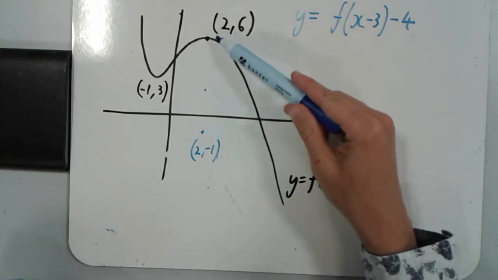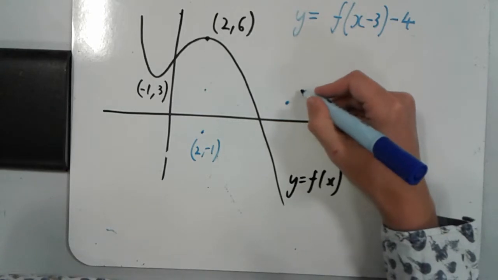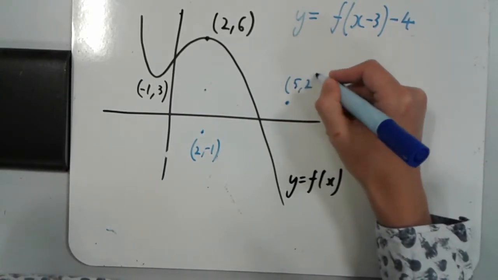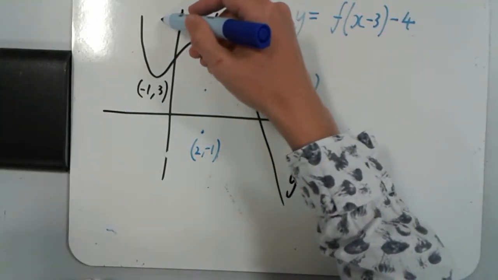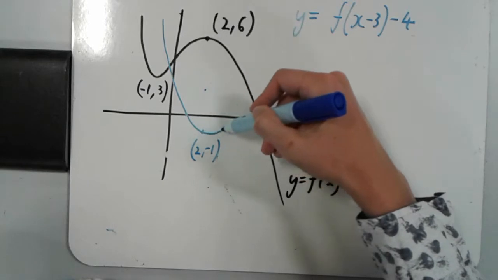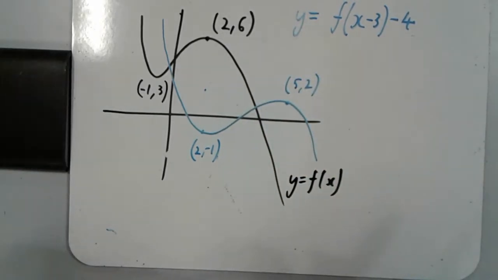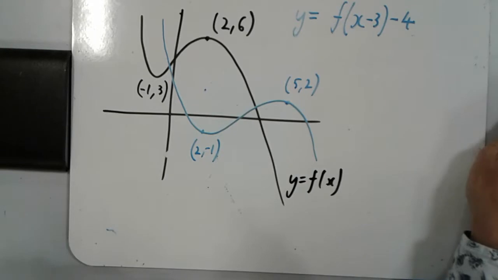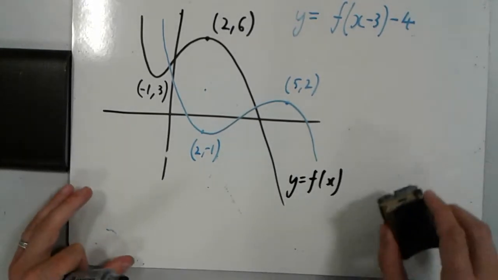This one will move across to 5, down 4, so it will move to about here, and that will be 5, 2. As we said before, the shape should remain essentially the same. Something like that. Should be the same kind of shape, and we just apply this transformation one step at a time. That will work for any kind of graph.